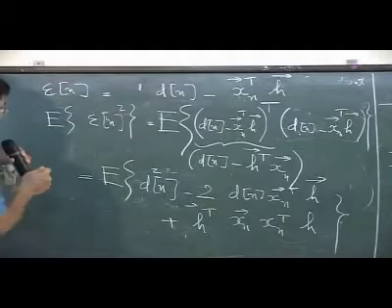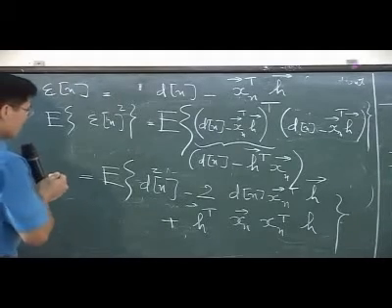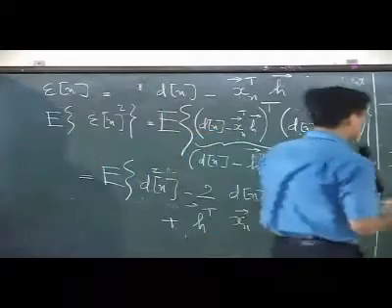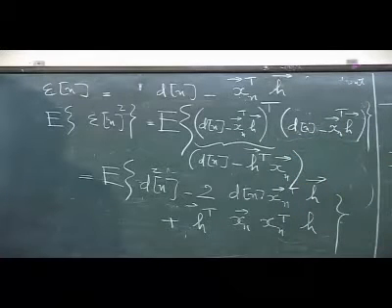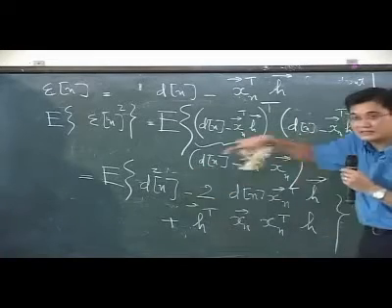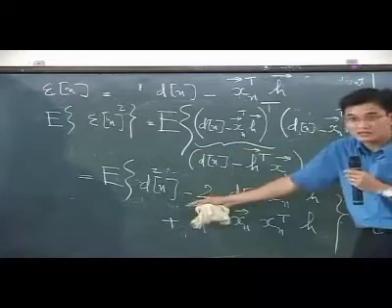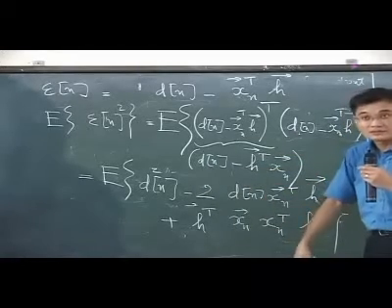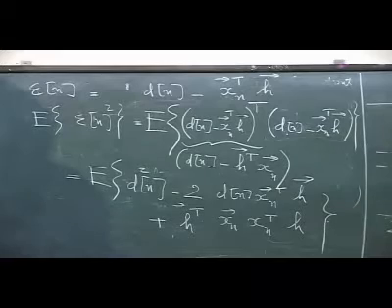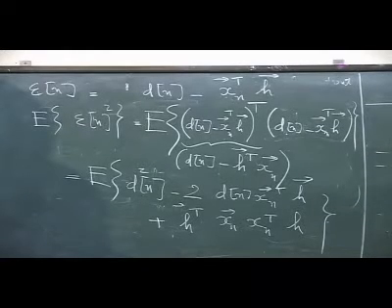Multiply that. Now, to do this, I use the same trick that I use over and over again, which means that because it is a linear sum, I can identify where the constant is, and I can put the constant outside the expectation. Okay.